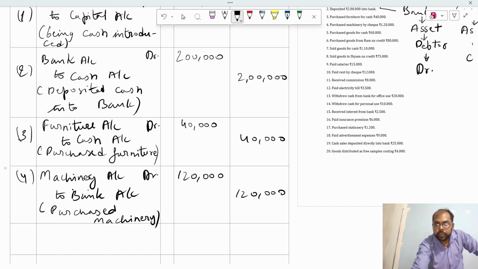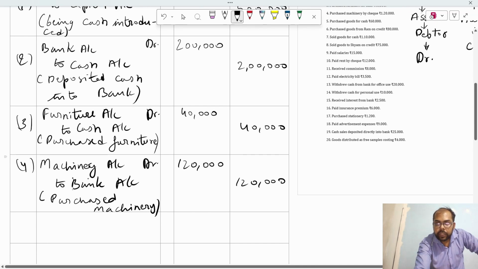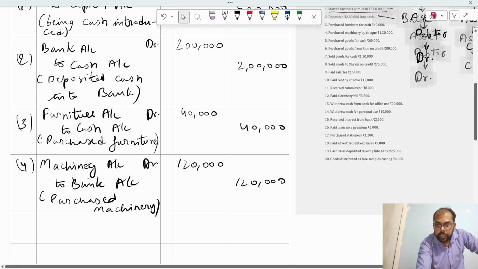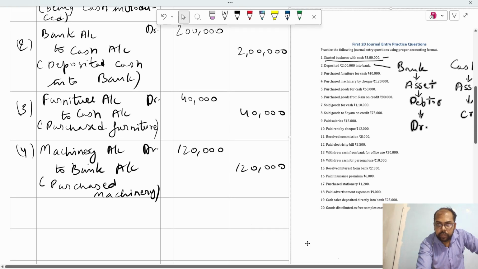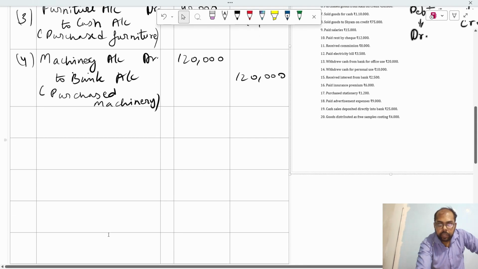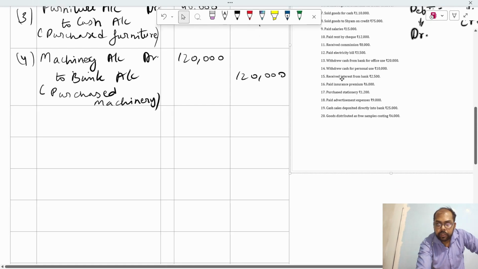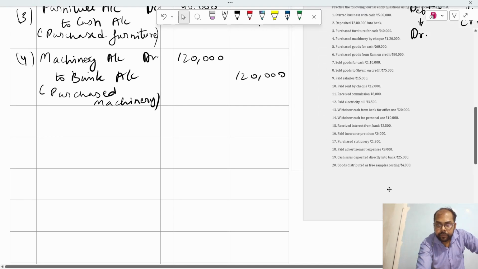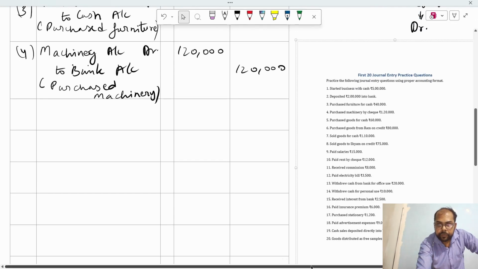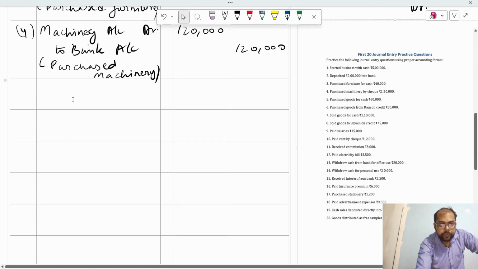Okay, the next transaction is purchased goods for cash rupees 60,000. Let's do that transaction also. This is the fifth transaction that we are going to do.